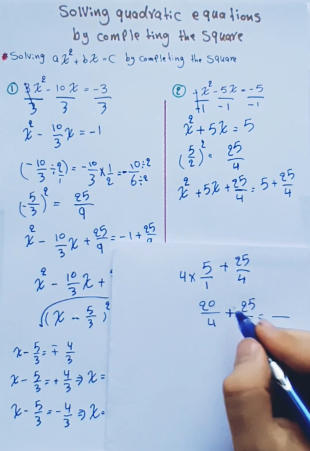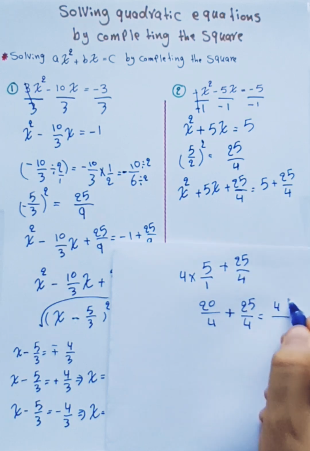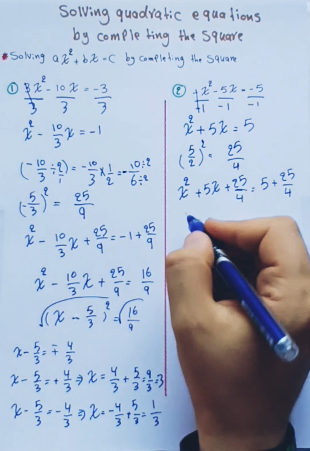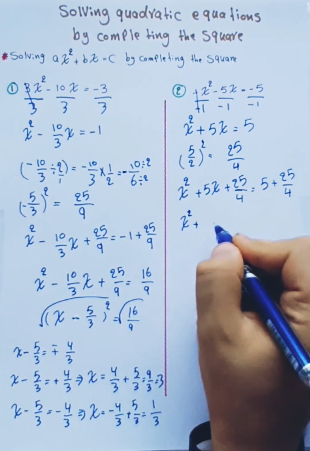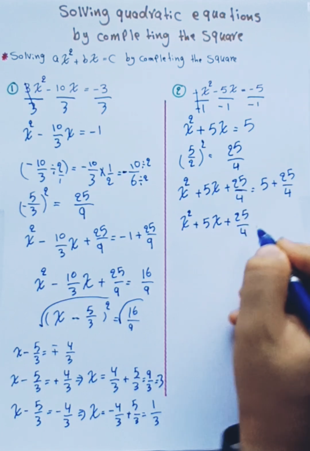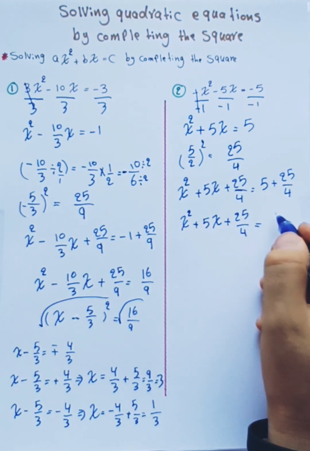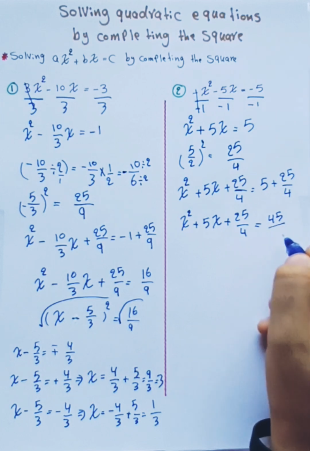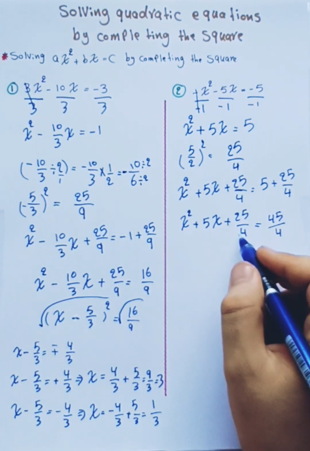And then you have to add 20 plus 25 is 45 out of 4. So x squared plus 5x plus 25 out of 4 equal to 45 out of 4. Now this equation is a perfect square.